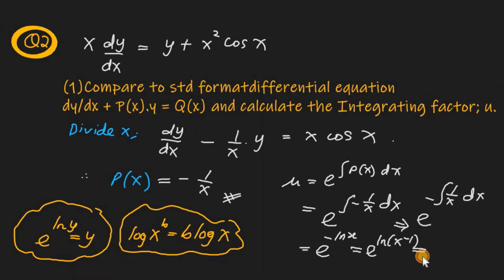Okay. So hence, as we simplify, the mu is X power negative 1. Right, so that is our first mark. It has to be correct, and sometimes there is a mark for the calculation that you are doing to get to your answer of your integrating factor.